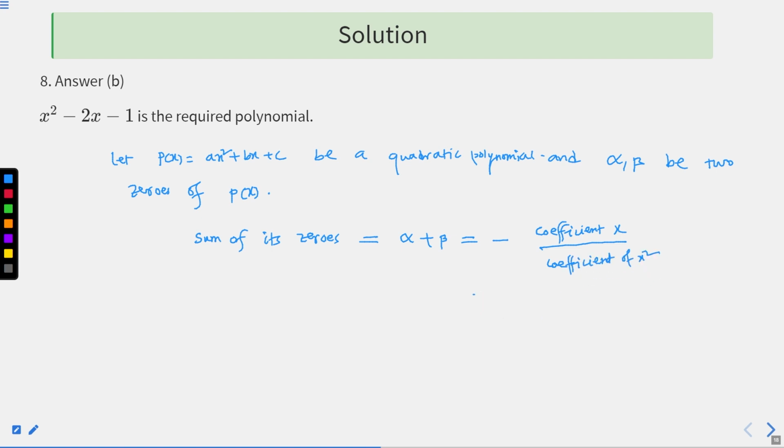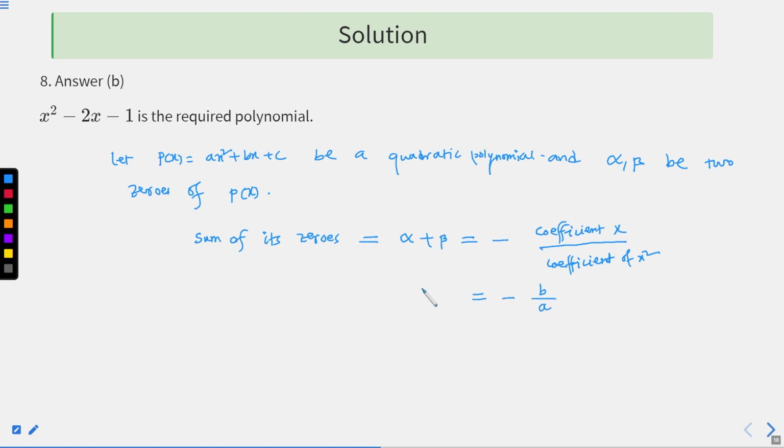For this quadratic polynomial ax square plus bx plus c, the coefficient of x is b and the coefficient of x square is a. So alpha plus beta is equal to minus b upon a.